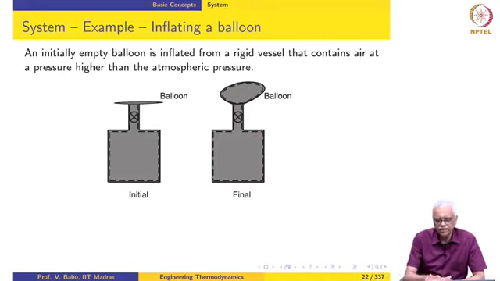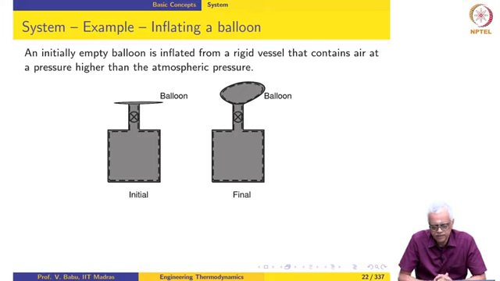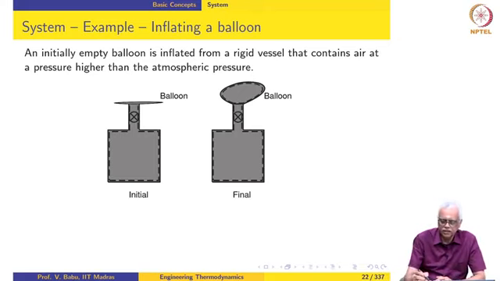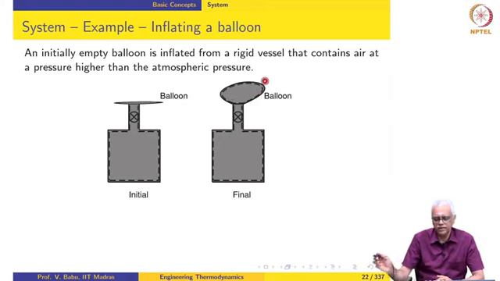So you can see that the system outlined by the dashed line always contains the same amount of mass, and you can see that all these parts of the system remain stationary, while this part of the system boundary deforms from this shape and size to this shape and size finally.